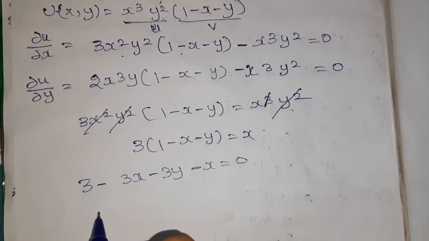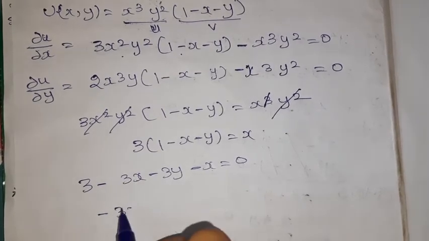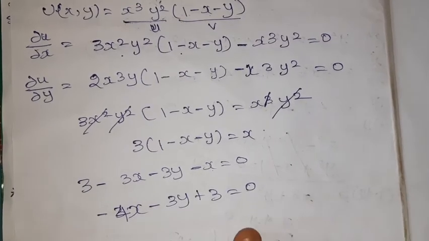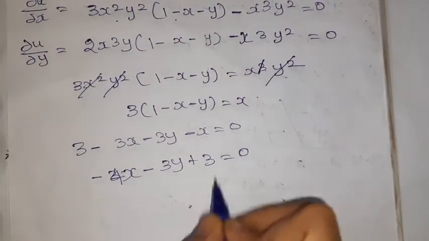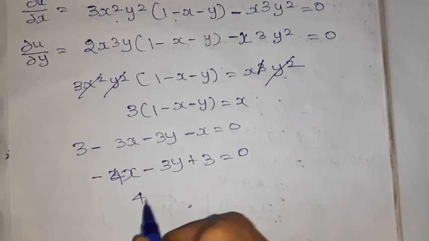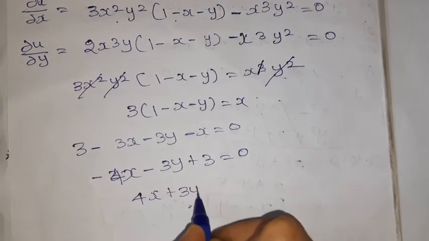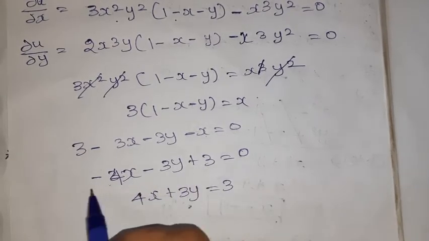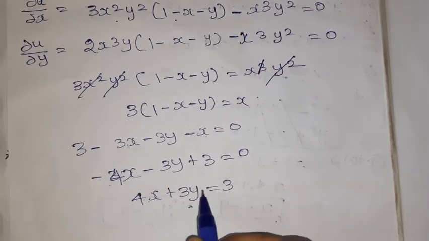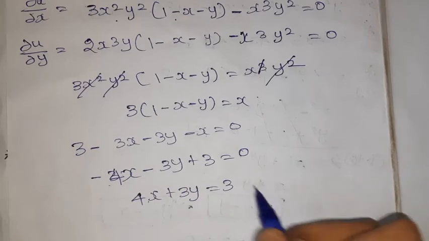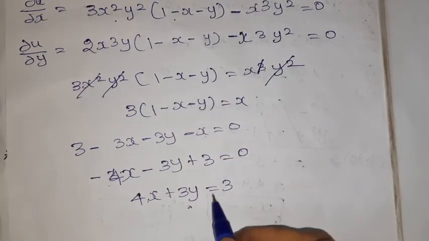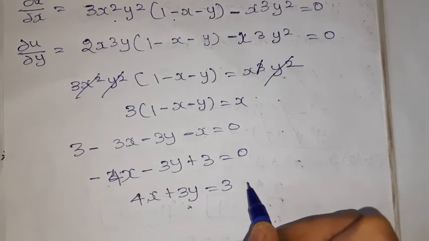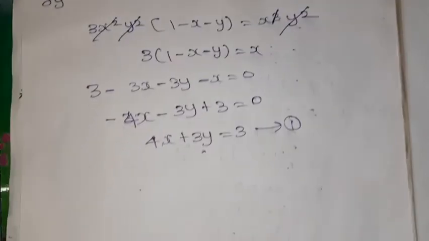By simplifying, −4x − 3y + 3 = 0. Multiplying by minus, 4x + 3y − 3 = 0, and moving the −3 to the other side as plus 3, 4x + 3y = 3. Let it be equation 1.